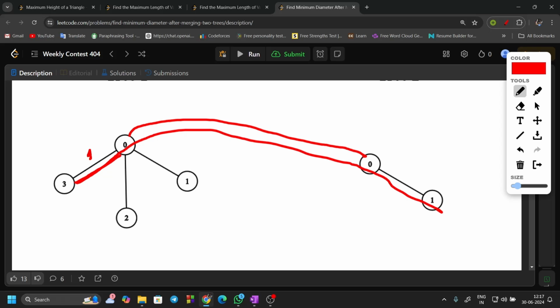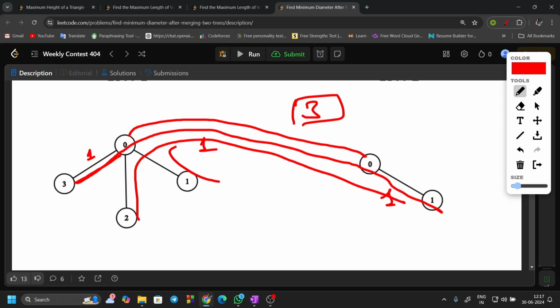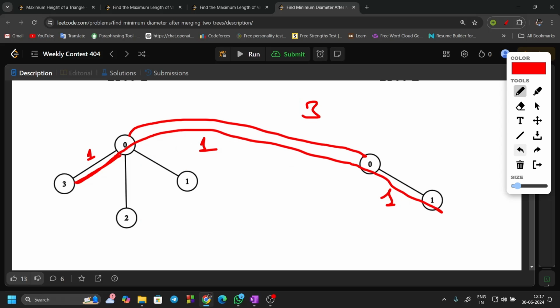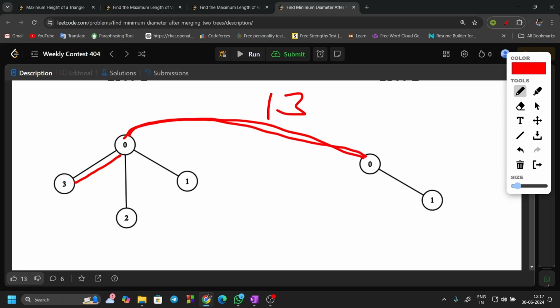So this path would have 1 plus 1 plus 1, a total of 3 edges, so a diameter of 3. You can go like this also, you would have 3, like this also 3. So this is the maximum possible if you connect these two nodes: a diameter of 3.